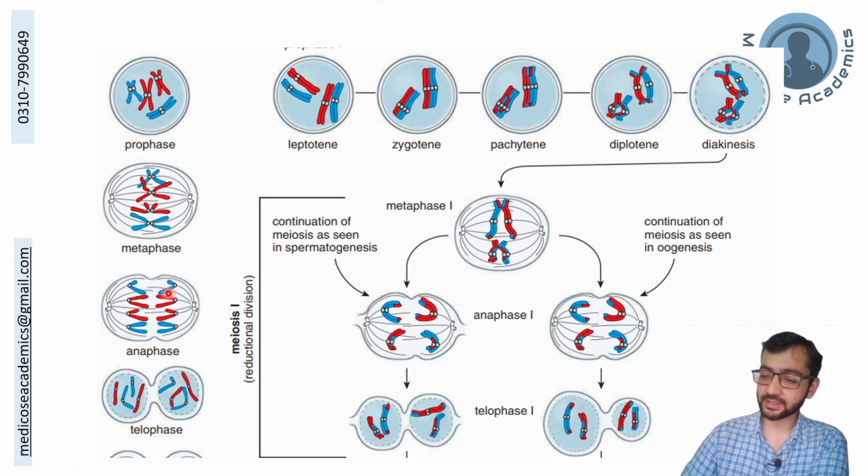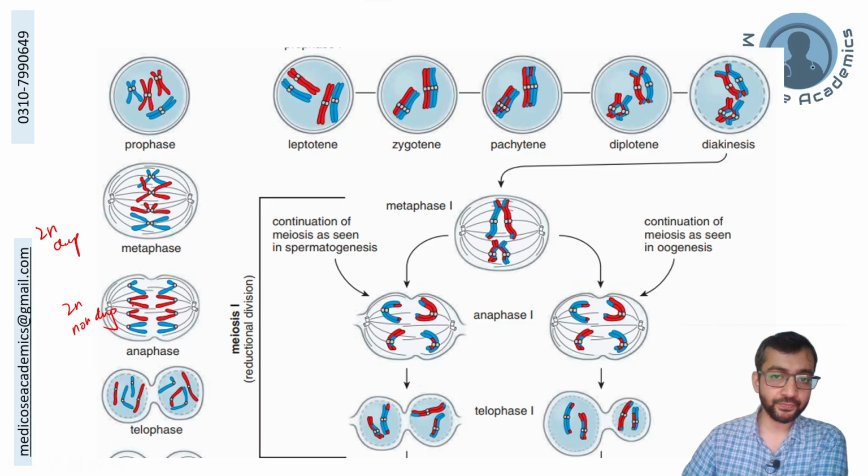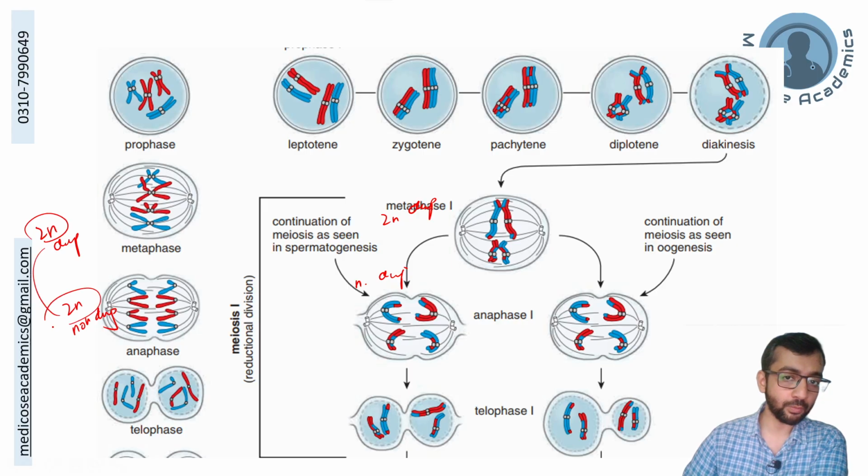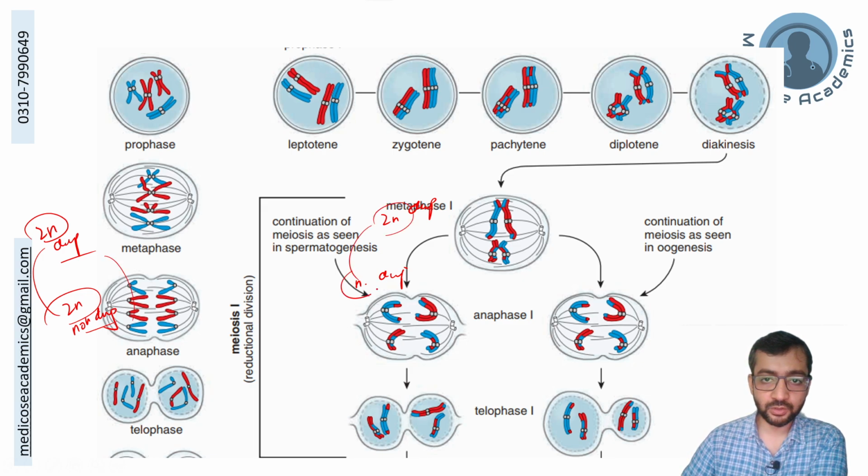So in mitosis, you go from 2n duplicated to 2n non-duplicated, but in meiosis, you go from 2n duplicated to n duplicated. So in mitosis, the number of chromosomes remains the same and the DNA material is halved. In meiosis, the number of chromosomes is halved. That is why this is called reduction division.